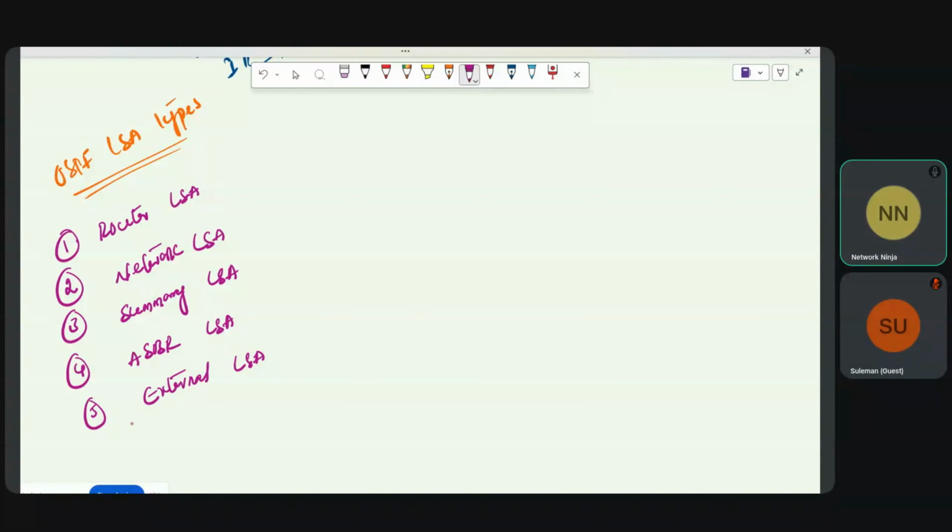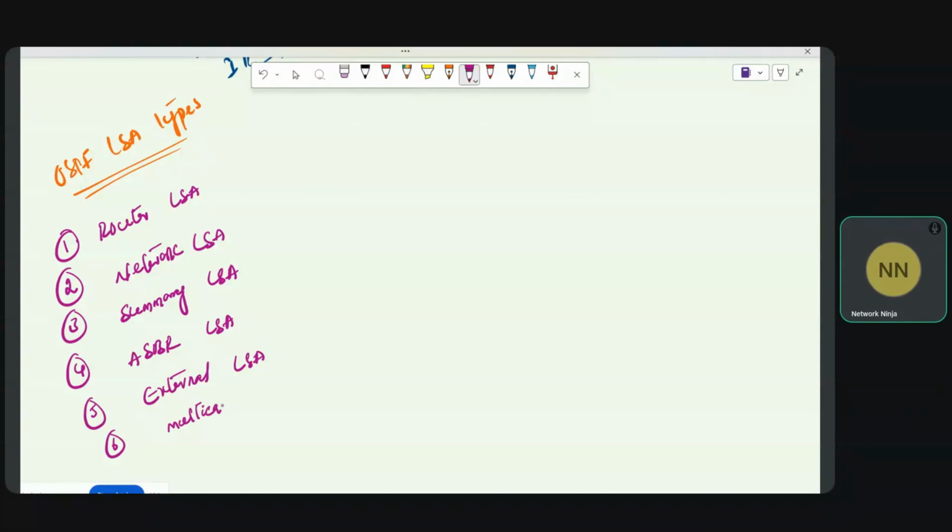The sixth one is multicast OSPF LSA. The seventh one is NSSA, OSPF not so stubby area LSA.